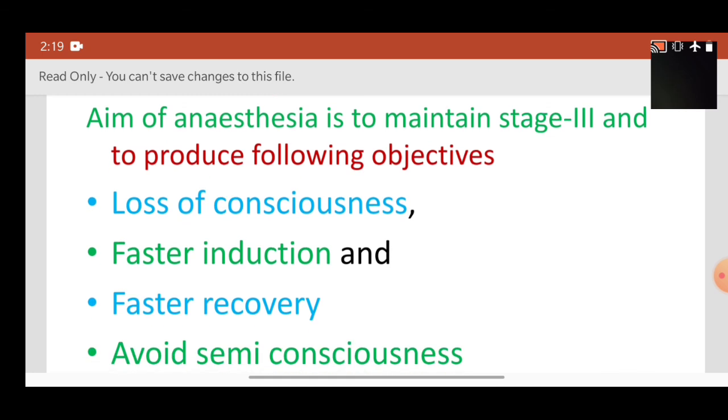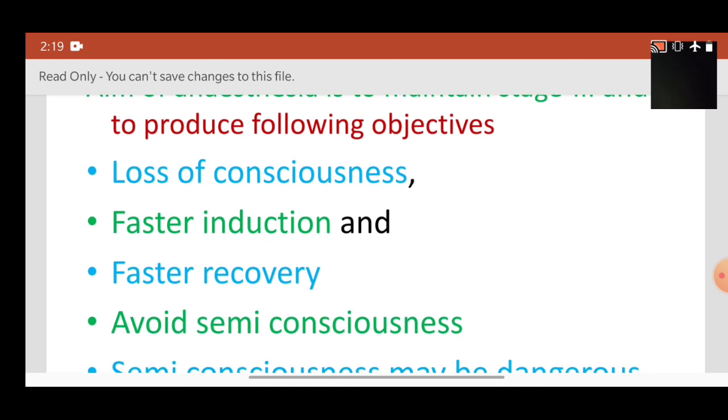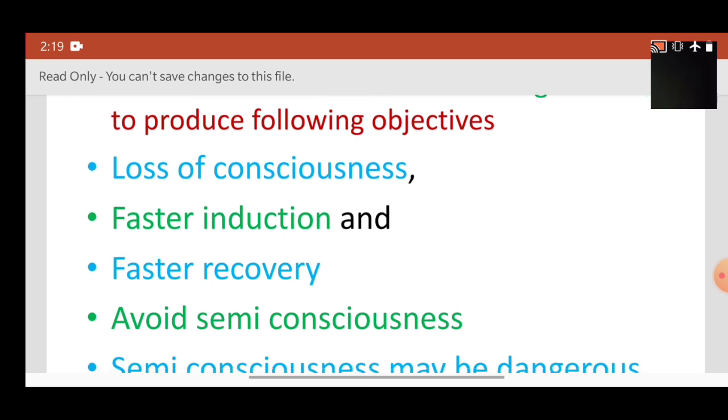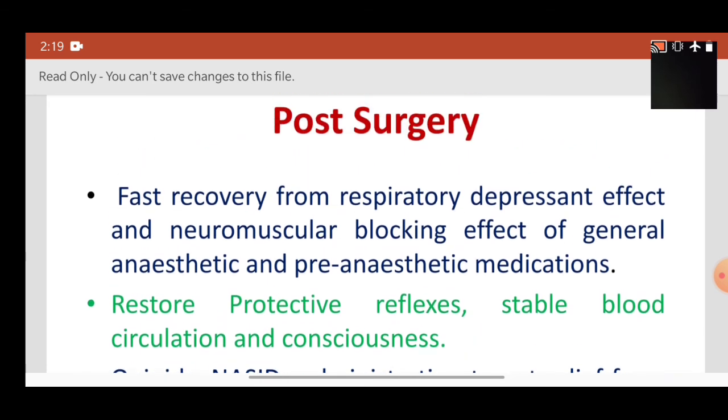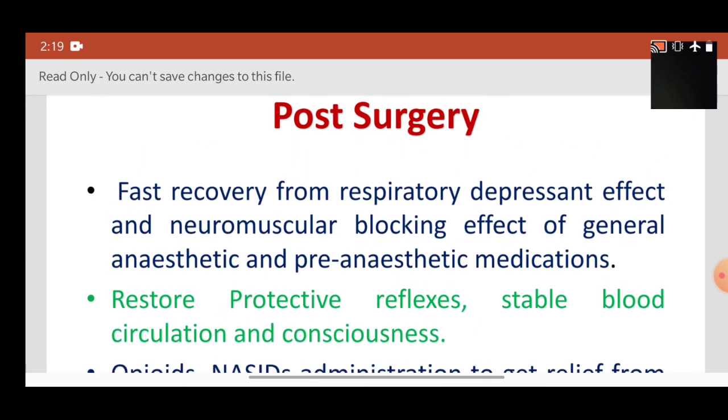And during this stage there shall be loss of consciousness, and these general anesthetics must allow fast induction of anesthesia and fast recovery from the anesthesia. And after that there will be post-surgical stage.